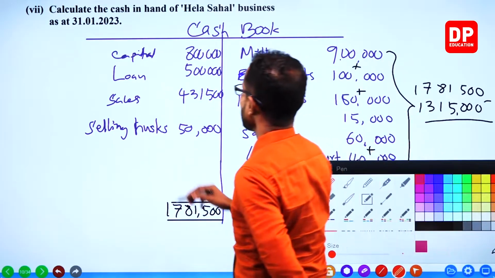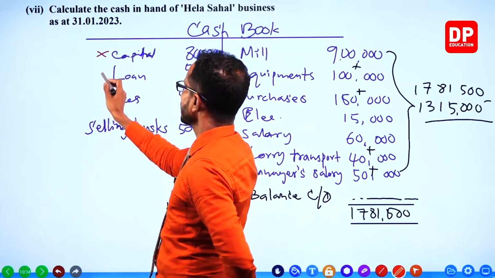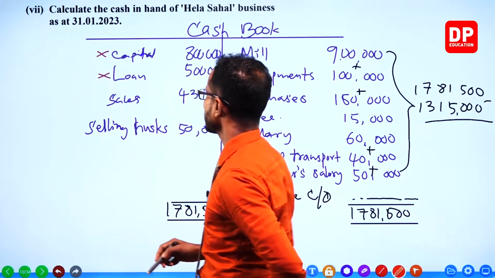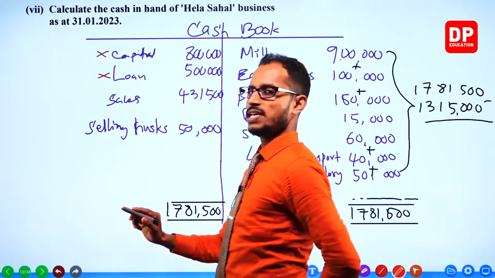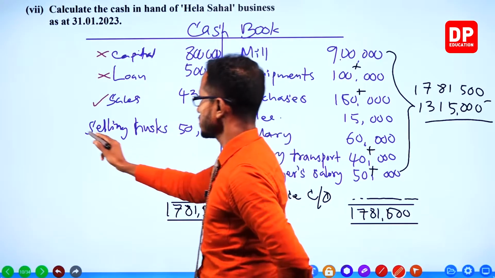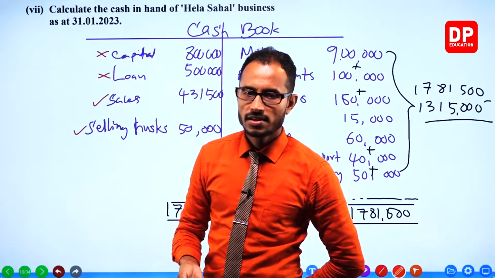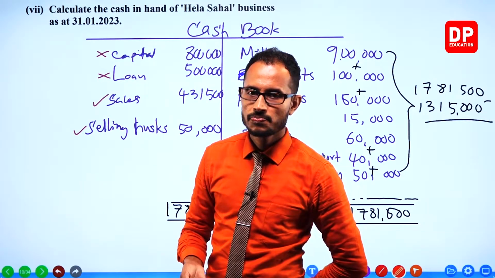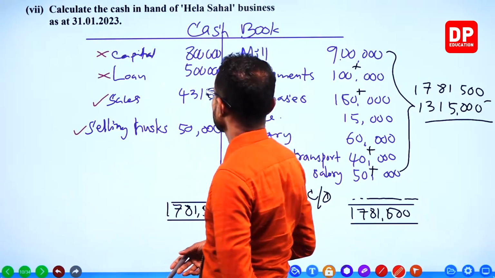Now, capital 800,000, can you take it as an income? No. Loan received 500,000, income? No. Sales is an income. Selling husks, the remaining dust of the paddy that was also sold, that is also an income.